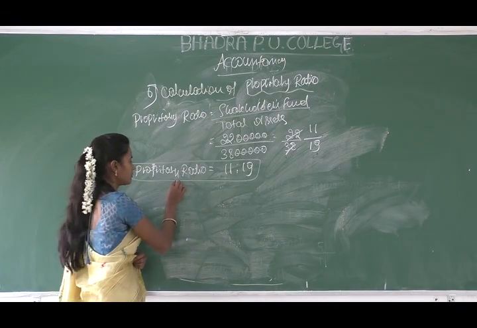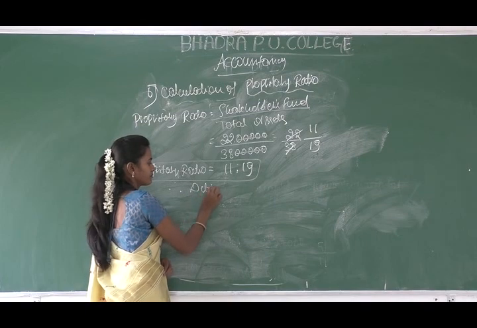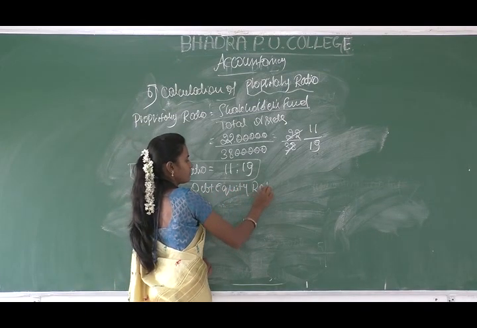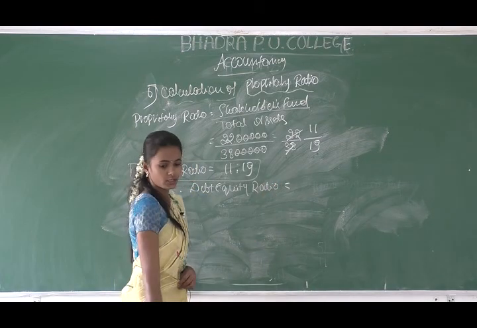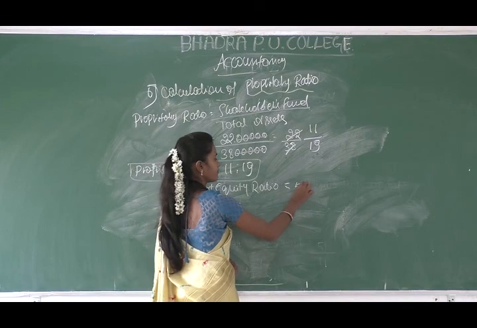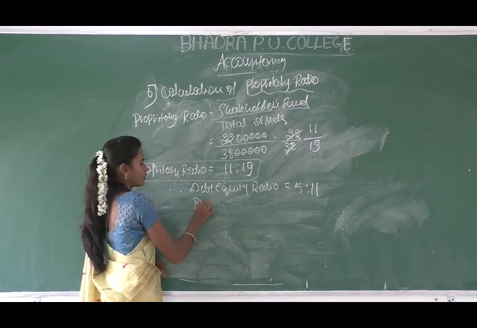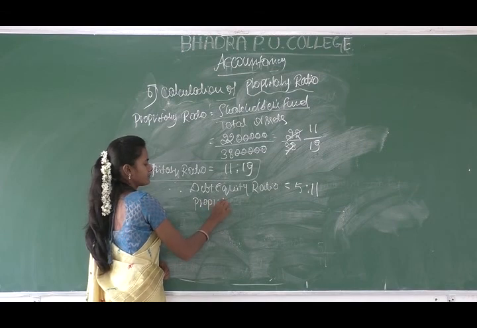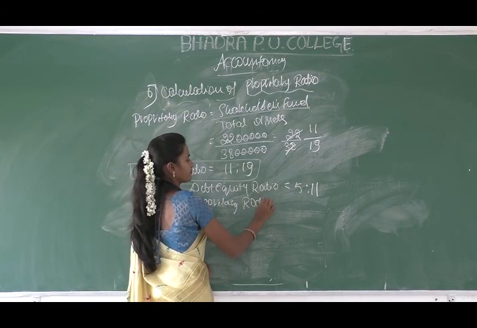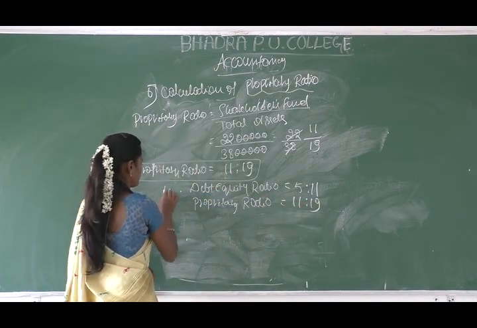So finally we will enter our final answer: debt equity ratio is equal to 5:11 and proprietary ratio is equal to 11:19.